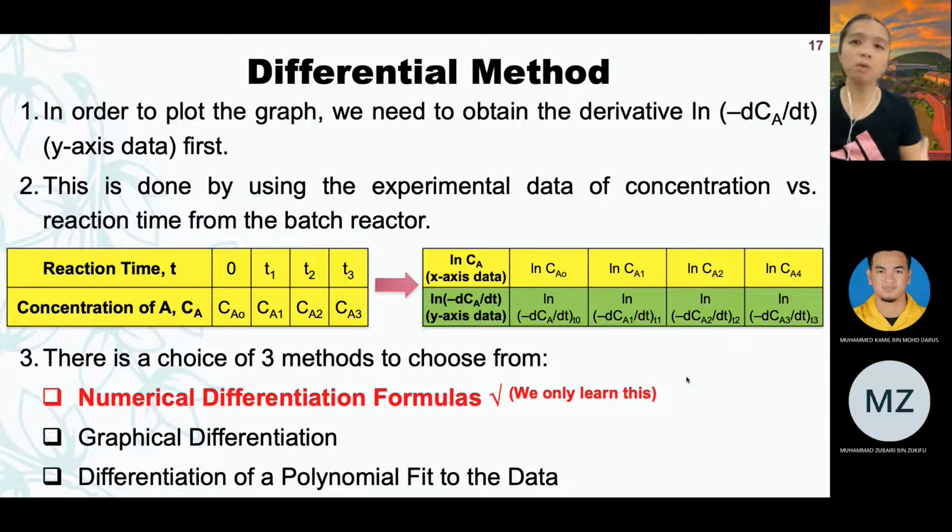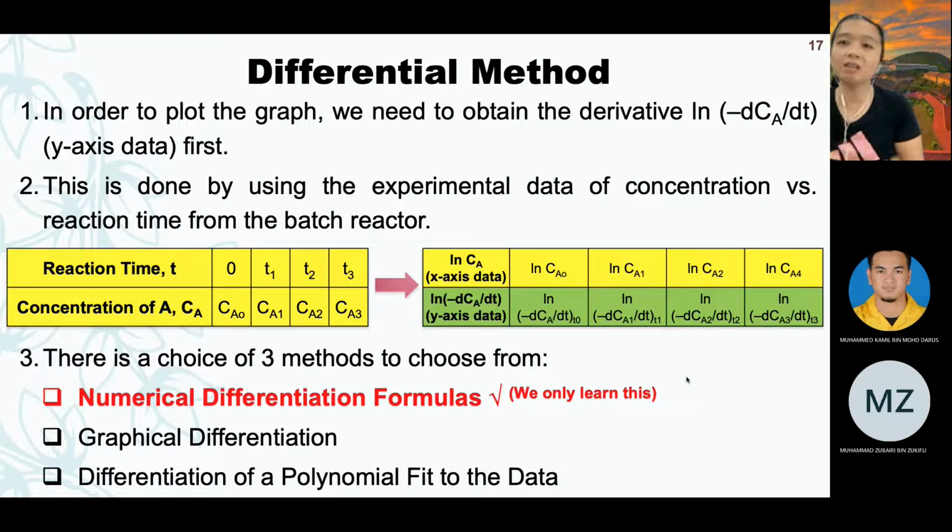Okay, so most of the time with this method, that's the mistake that we normally make. We forget that the formula only finds dCA per dt. But to plot the graph, it must be ln negative dCA per dt. Sometimes you might calculate dCA per dt and get a negative. Say dCA per dt is negative, but we want to find ln minus, or ln negative dCA per dt.